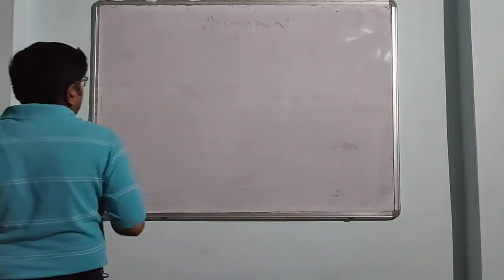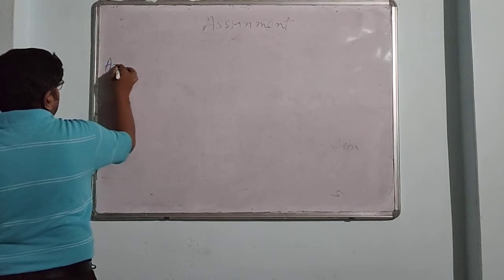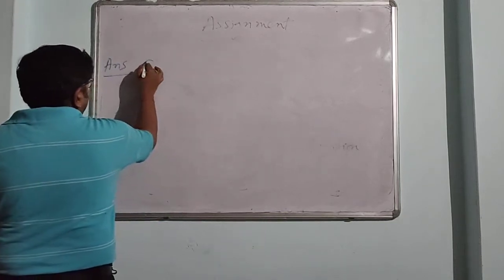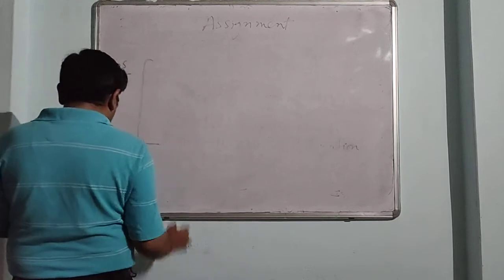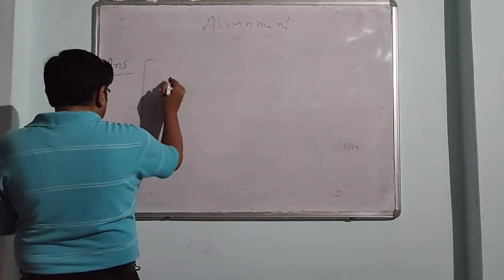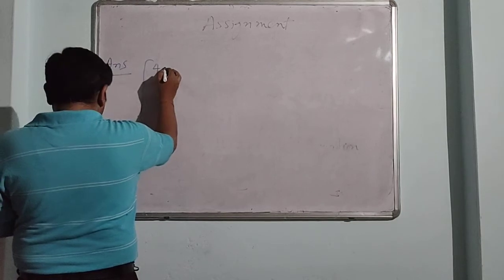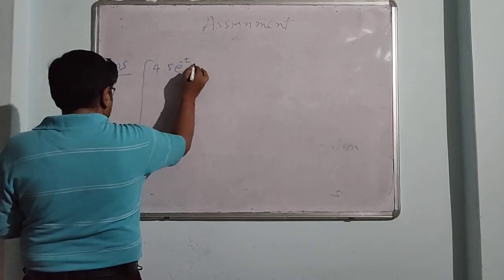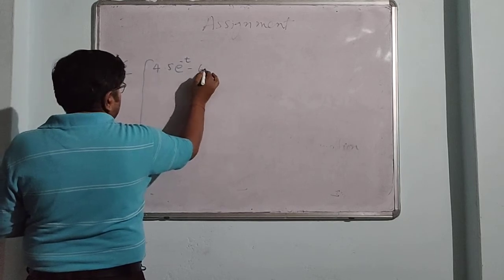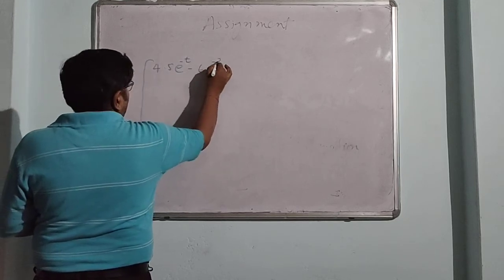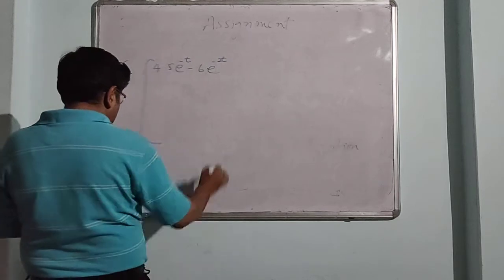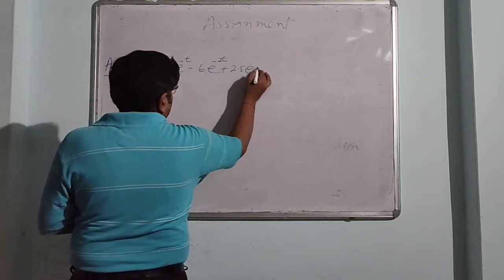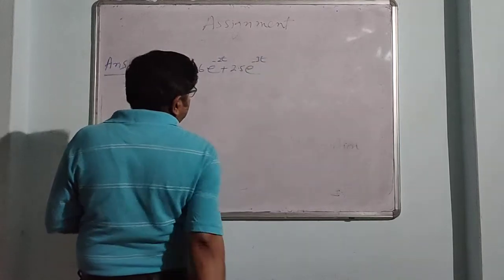Because this is a 3 cross 3 matrix, the answer is 4.5 e to the power minus t minus 6 e to the power minus 2t plus 2.5 e to the power minus 3t.